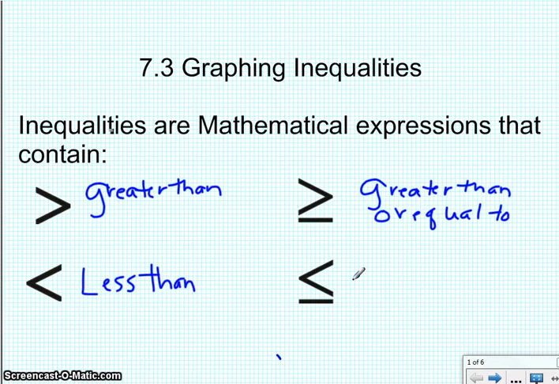And this last one down here, same thing. It looks like the less than sign, but it's got a line under it. It is less than or equal to. So those are the four signs we'll be using today when we graph these inequalities.